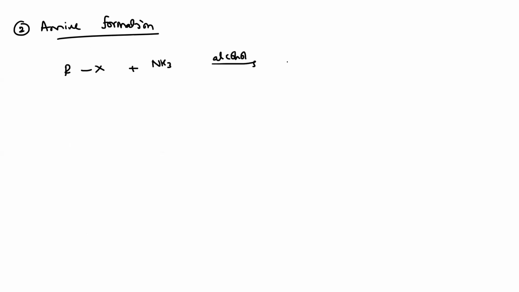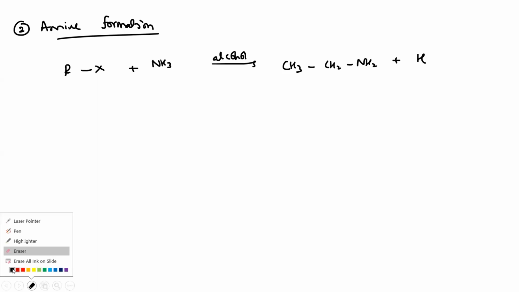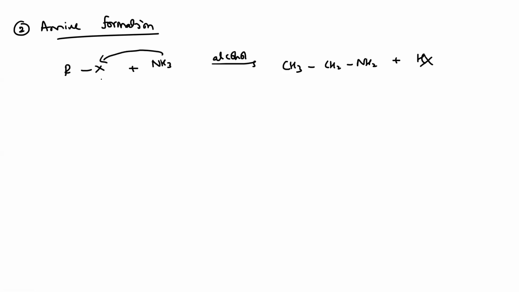Next is amine formation, which is basically again from alkyl halides. How is an amine formed? We have an alkyl halide and we react it with ammonia. We use alcohol here. So what happens is CH3CH2NH2 with HX. There is hydrogen here.